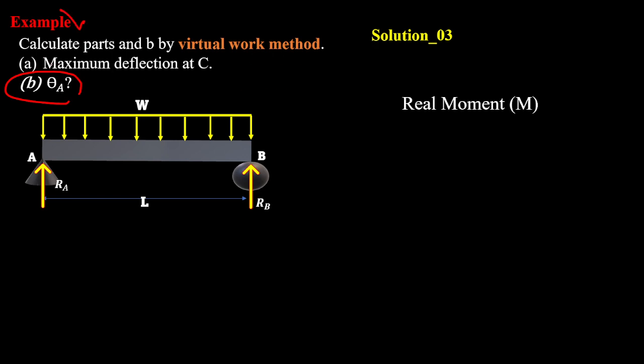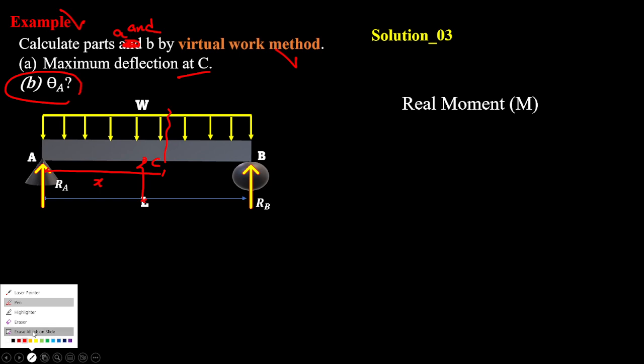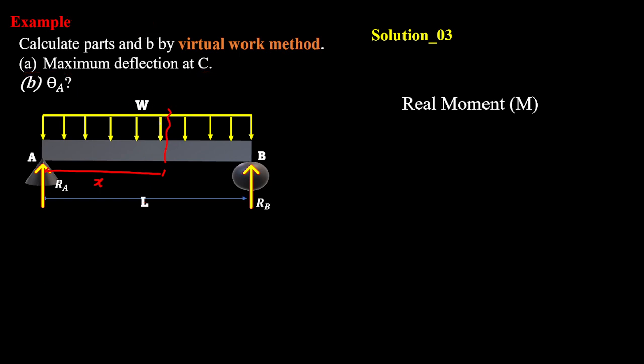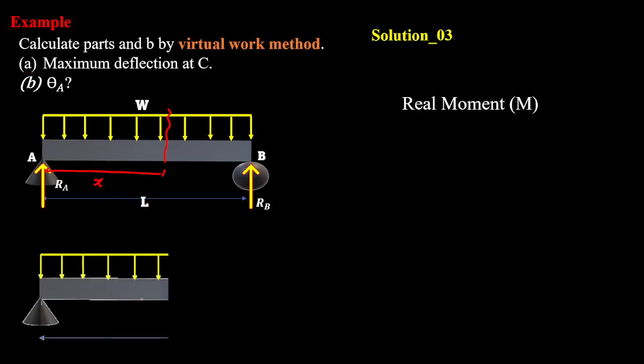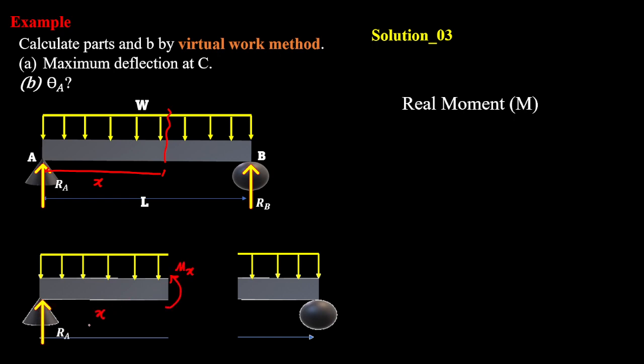If you want to review that, those are the calculations of parts A and B. With virtual work, I calculated the deflection at C, which is the maximum deflection, and also theta at A. If you cut the beam at a distance x, you convert the distributed load to a concentrated load at the center.